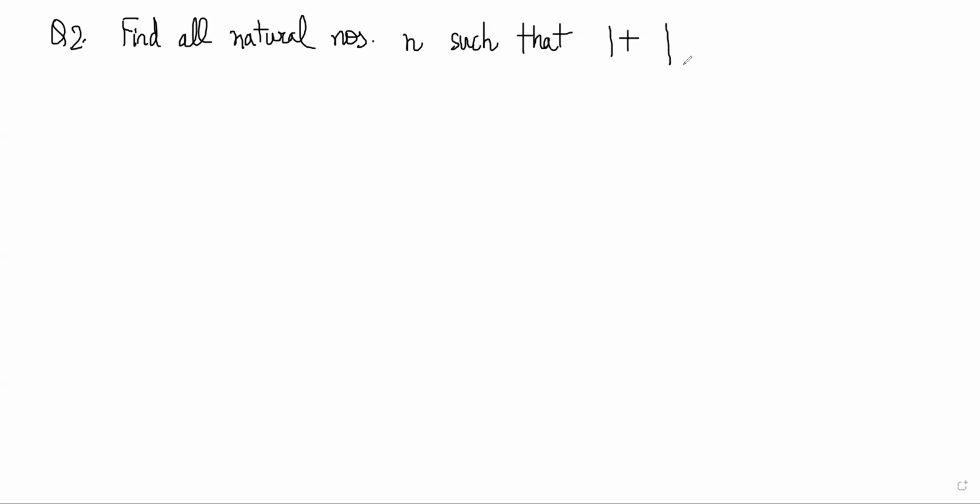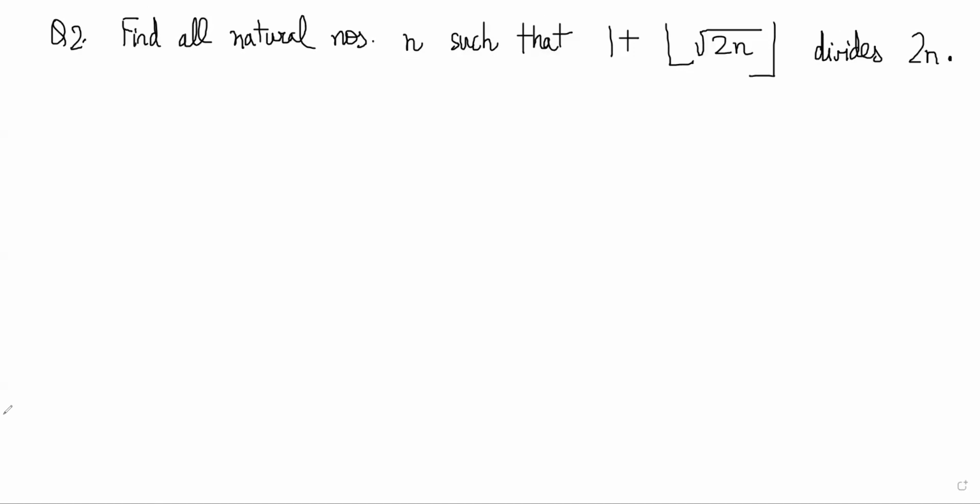This is: find all natural numbers n such that 1 plus floor function of root of 2n divides 2n. 1 plus floor function of root of 2n should divide 2n, right?